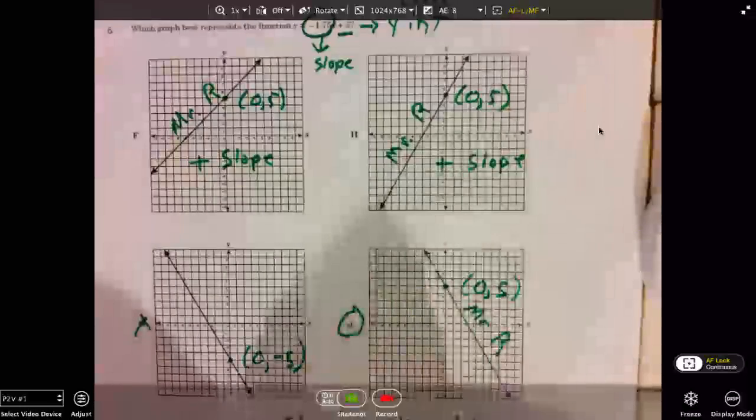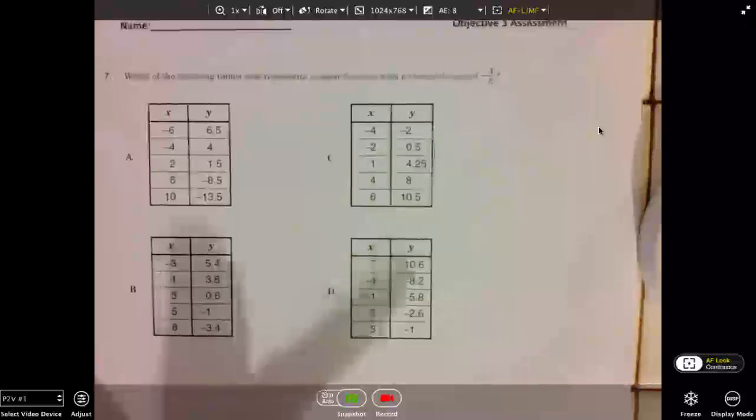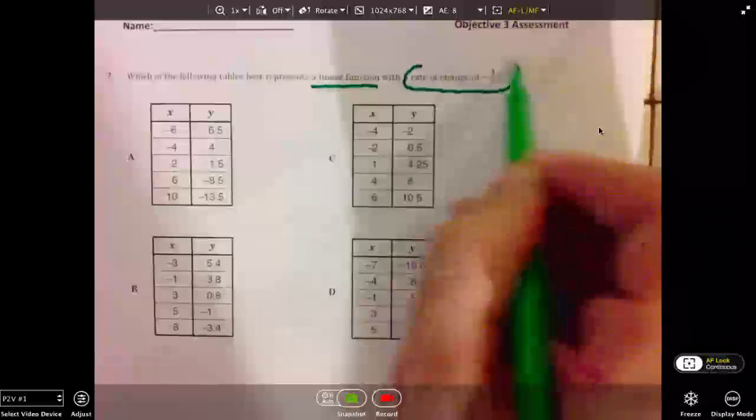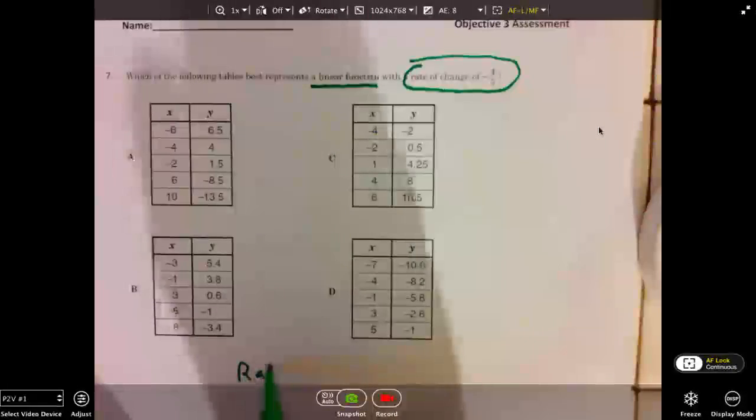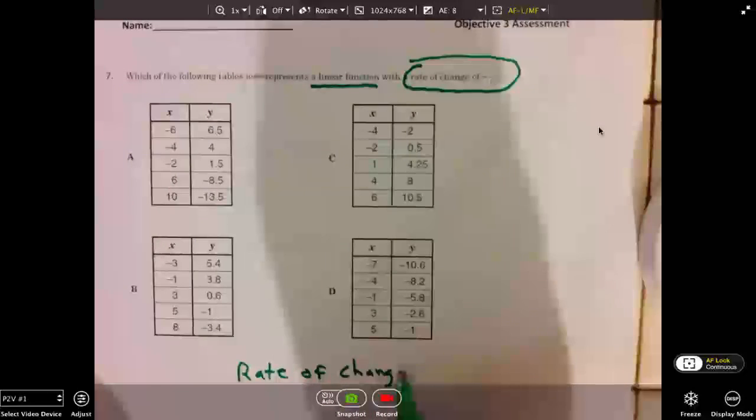All right, problem number 7. It says, which of the following best represents a linear function with a rate of change of negative 4/5? Well, we need to know that rate of change is slope.